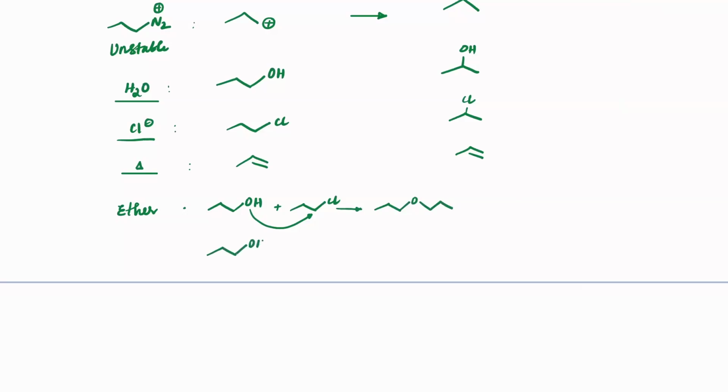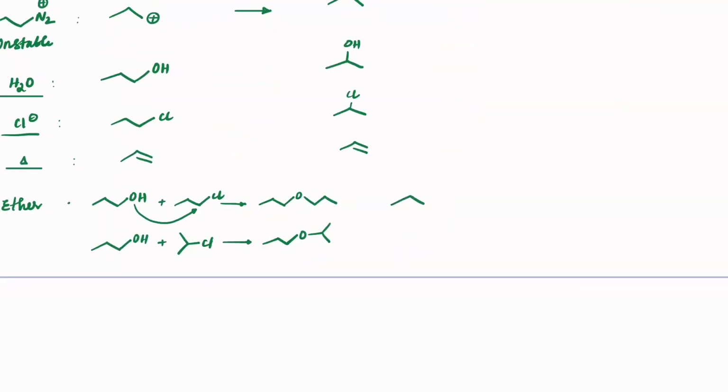Or this OH can react with this chloride also, and this is the way you can get this product also. This is one product. The other product is the OH here and the alkyl chloride here. These two can also interact to form this type of ether also.